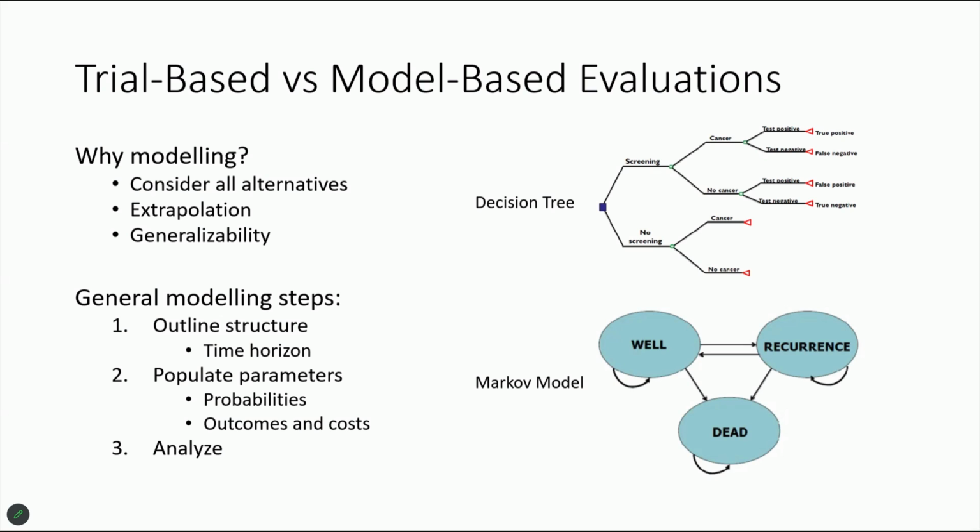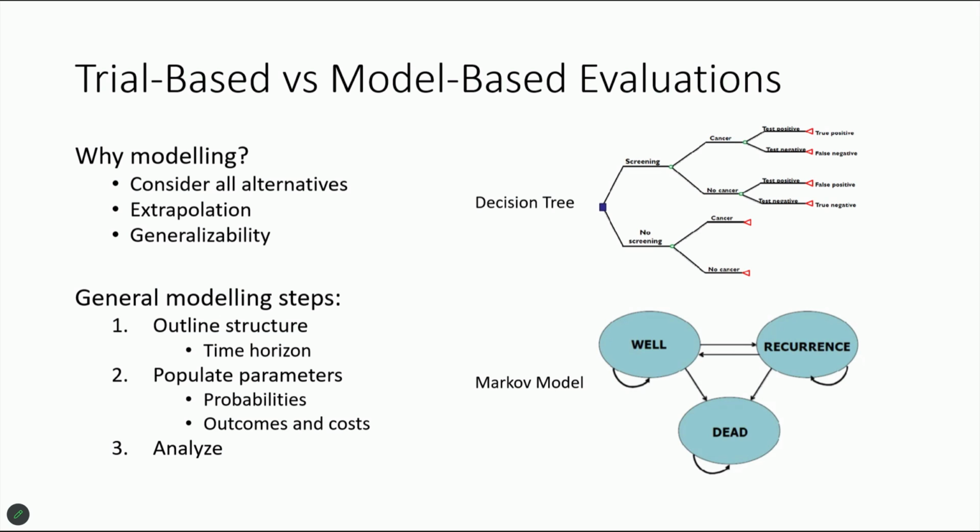The basic steps of modeling are to choose the model type and the appropriate time horizon. The model is then populated with parameters for outcome and cost, as we've already discussed. And it's also important to establish the probabilities of each clinical event occurring. The two most common model types, without getting too bogged down in details, are the decision trees, which are chains of events representing all possible series of events, where associated probability, outcomes, and costs are summed for each pathway and then compared between interventions.